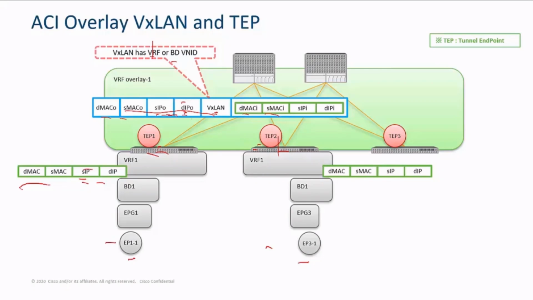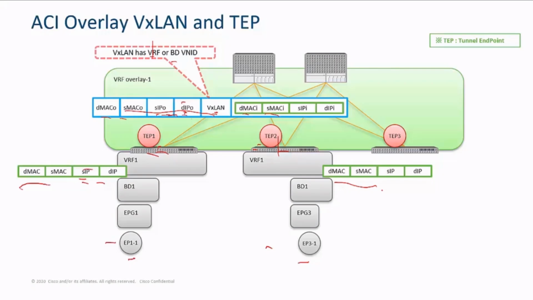It's going to send the original frame down to endpoint 3.1. Endpoint 3.1 and endpoint 1.1 just send and receive regular traffic. They don't have any concept that there's an outer header getting added to the frame when we send it over the ACI fabric. So it's kind of cool how that technology works.